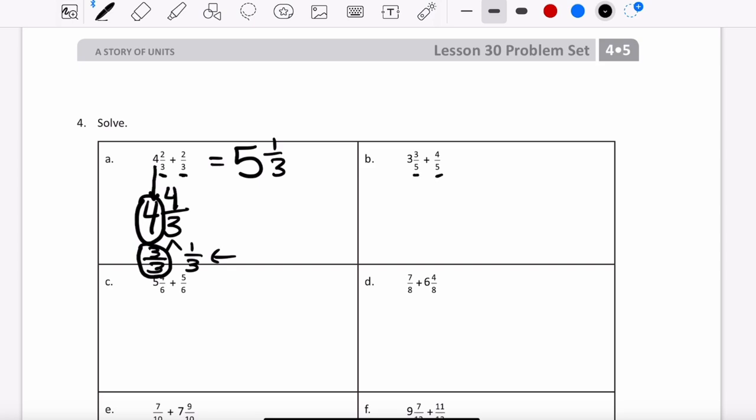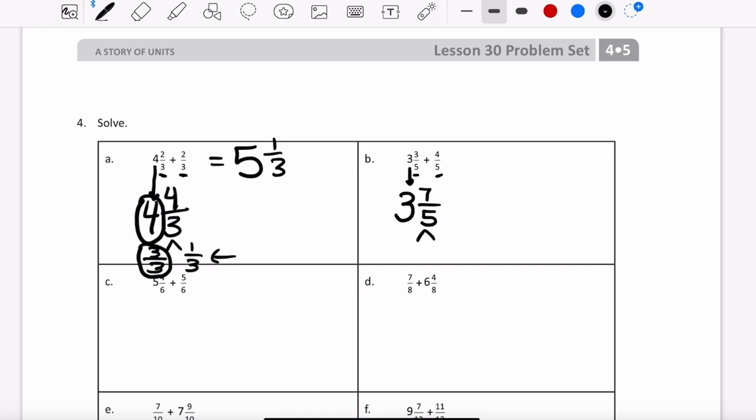Okay, so we're going to take 3/5 plus 4/5, and 3/5 plus 4/5 would equal 7/5. We have our whole, so we have 3 7/5. Because 7/5 is improper, we're going to have to break it into a mixed number.